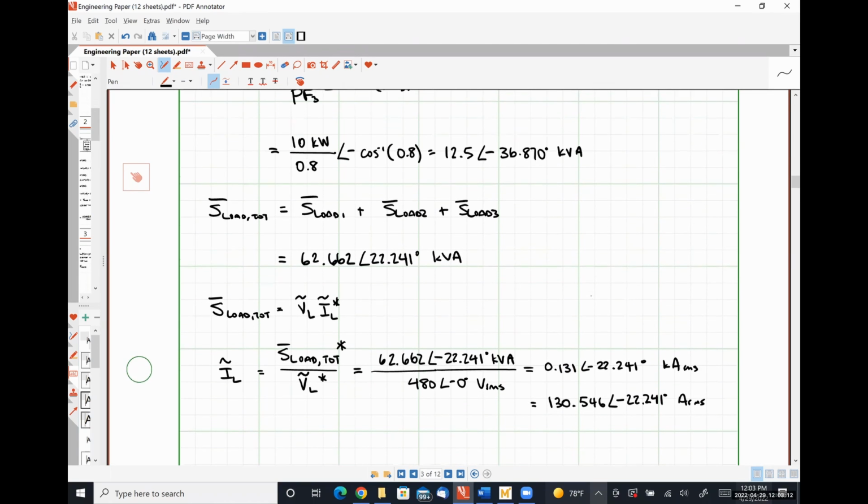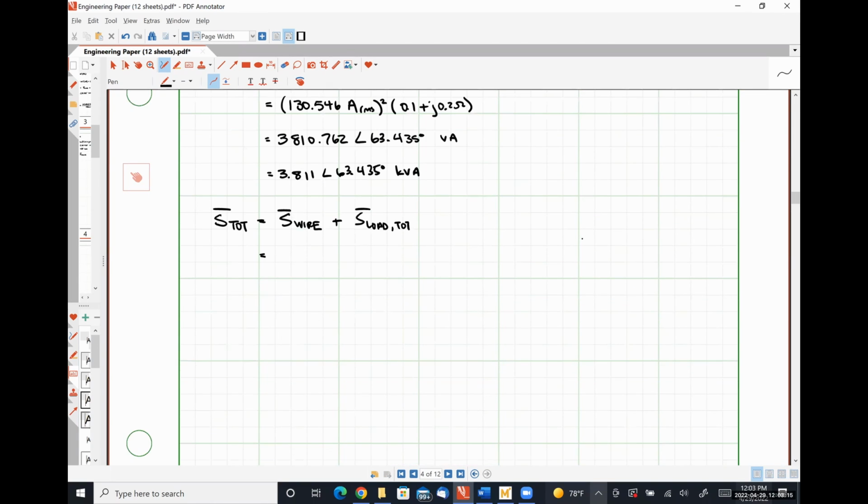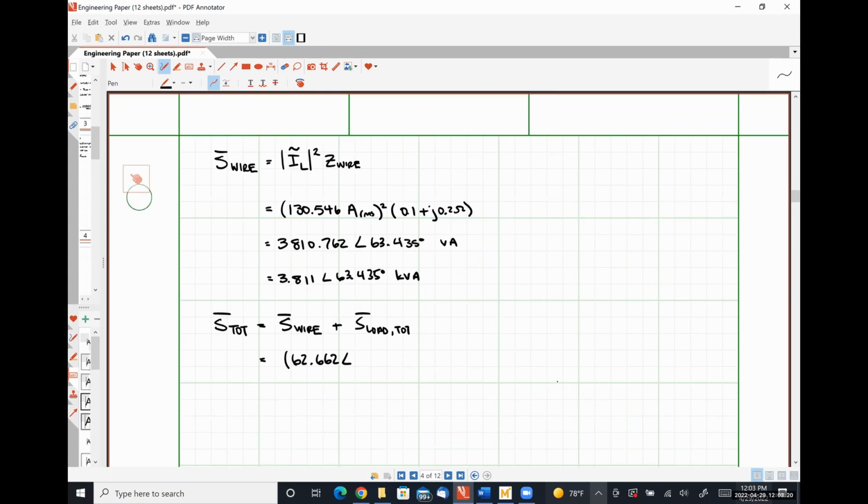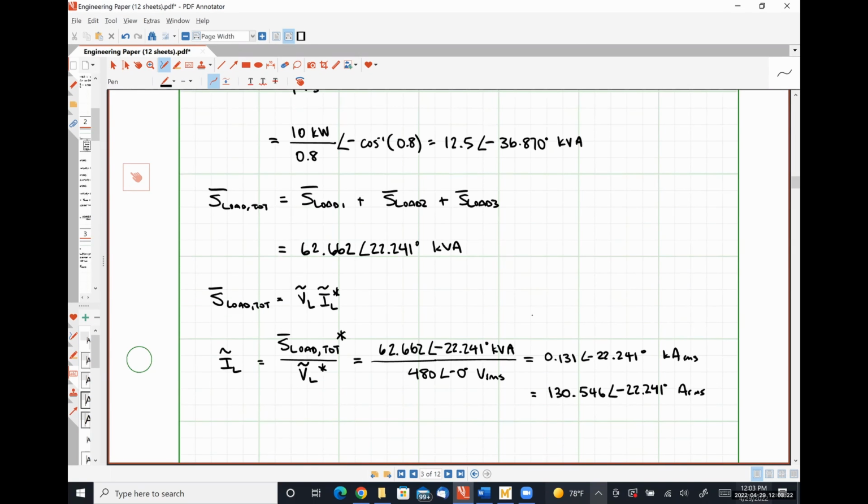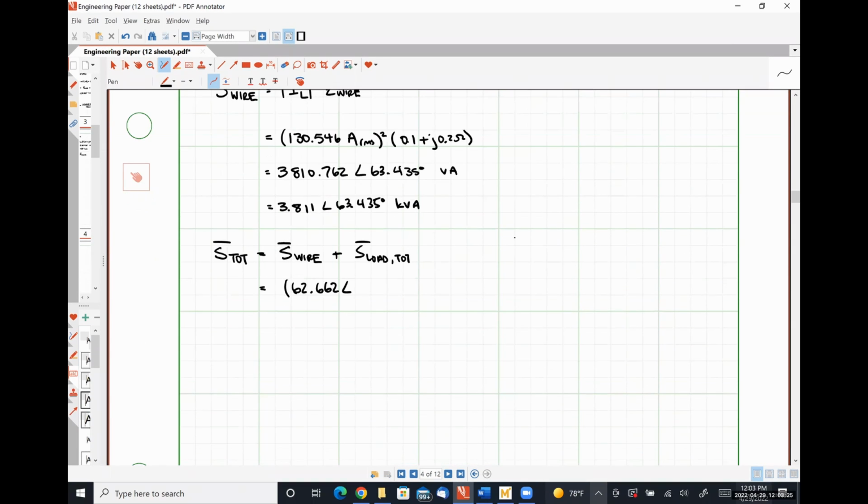So that's going to be 62.662 angle 22.241 degrees kilovolt amperes plus 3.811 angle 63.435 degrees kilovolt amperes.